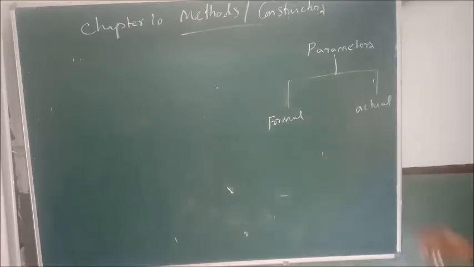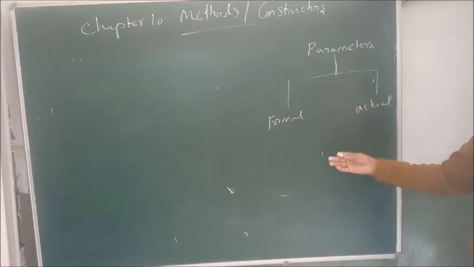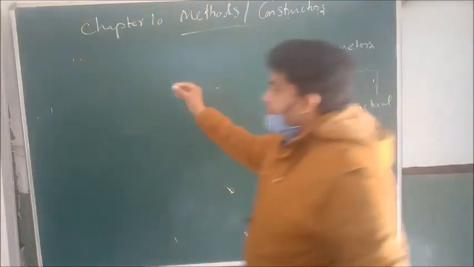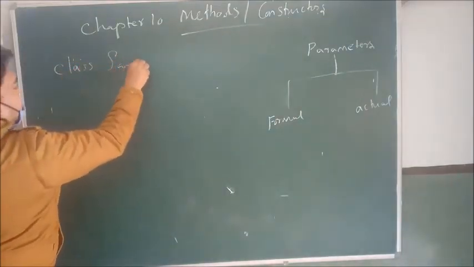So there are two types of parameters, formal and actual parameter. Now we are going to see what is a formal parameter and what is an actual parameter. For that I am going to write a sample program. So class sample.